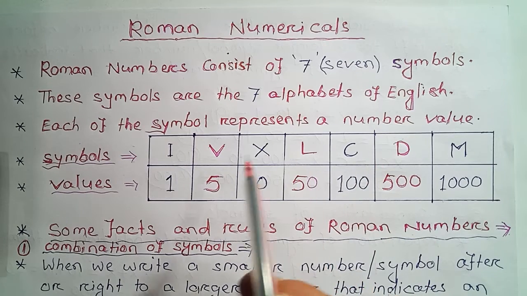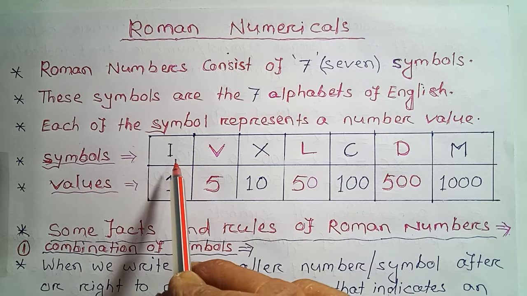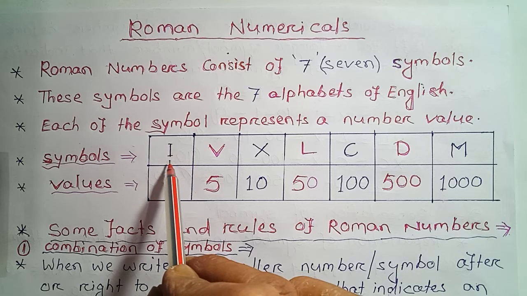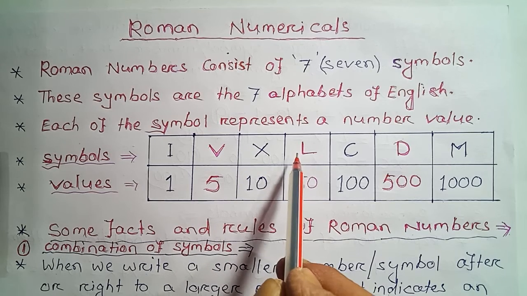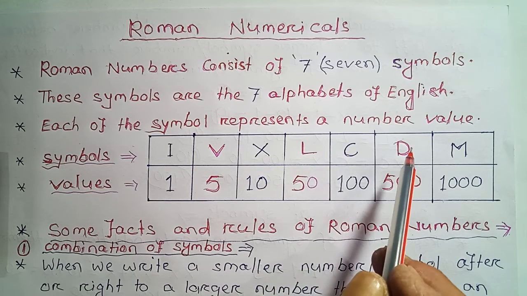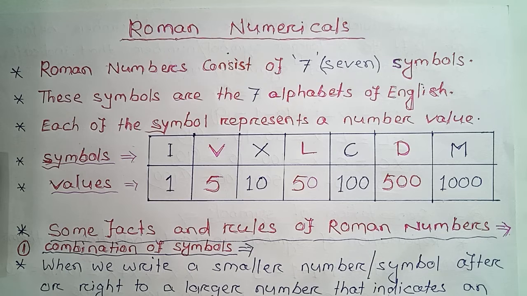First of all, the symbols are I, V, X, L, C, D and M, and the values they stand for or represent. For I, the value is 1.